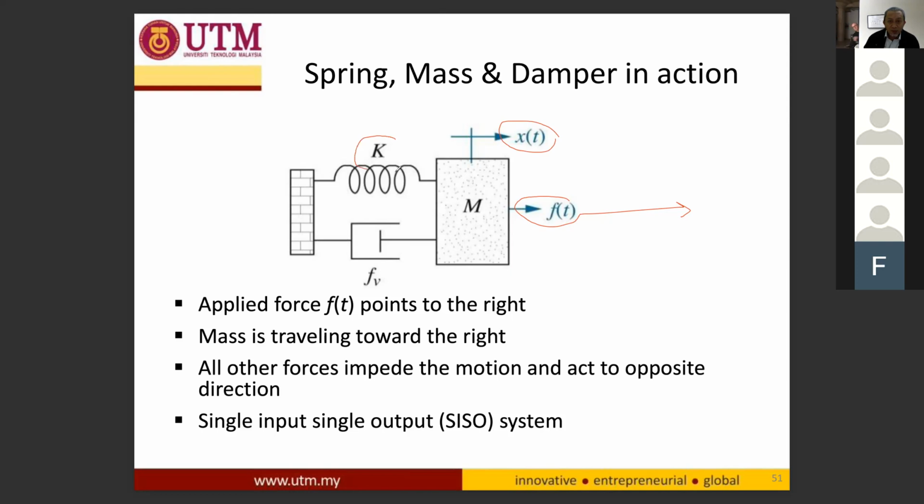Then we have a spring with the spring constant K, and we have a Fv. Fv is the constant of the damper, the liquid inside the damper. We call it the damper constant. And the mass is in kilogram.